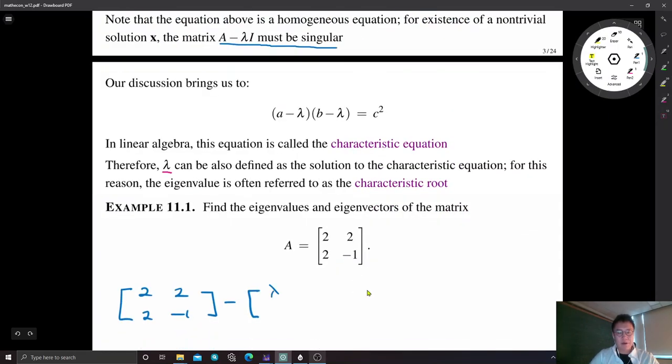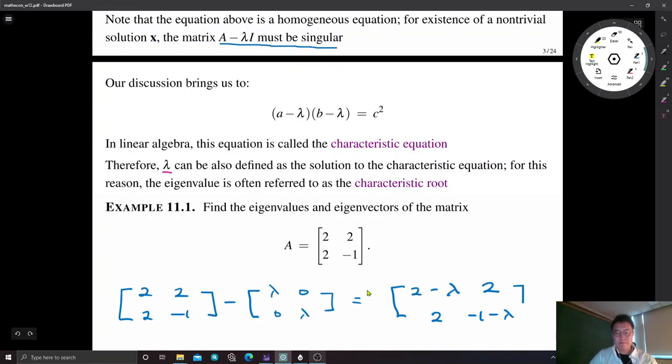So lambda, 0 and 0, lambda. So I have 2 minus lambda and 2 and 2, negative 1 minus lambda.